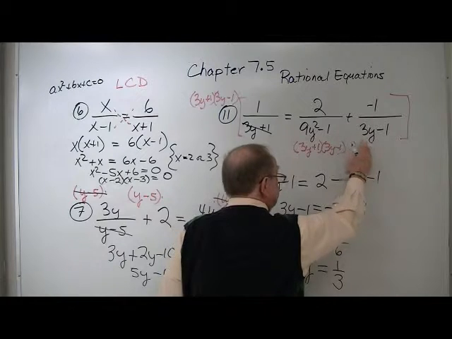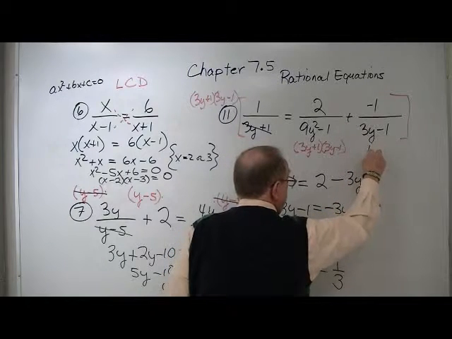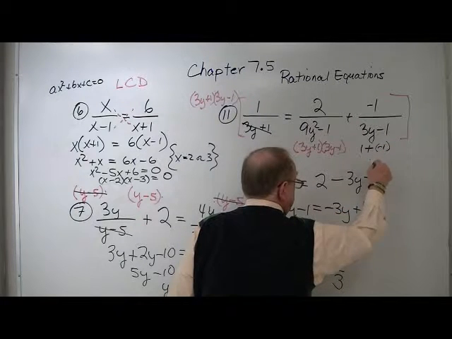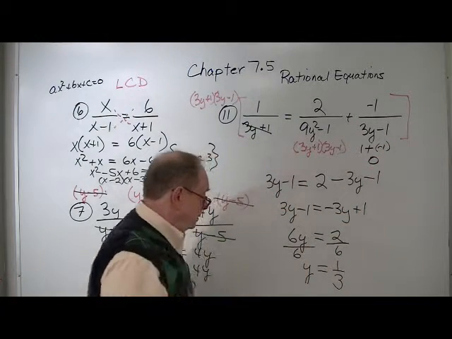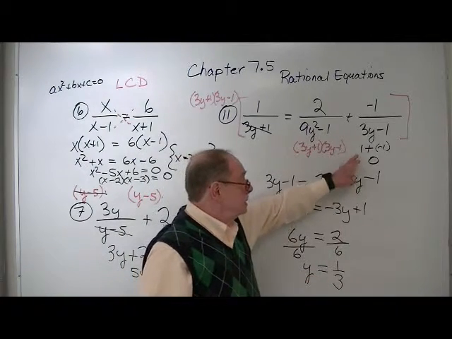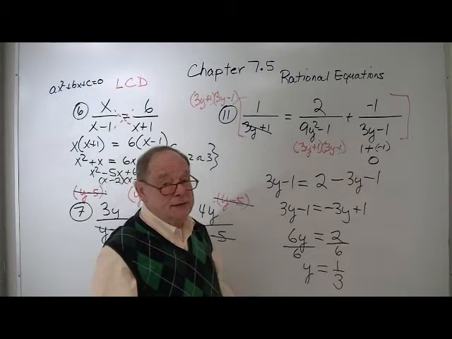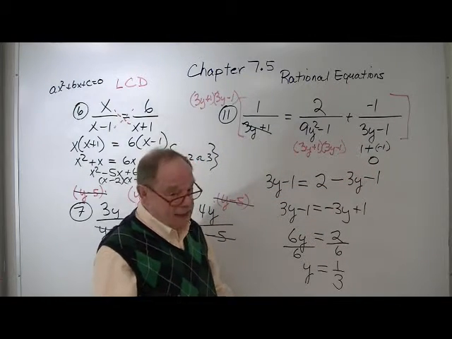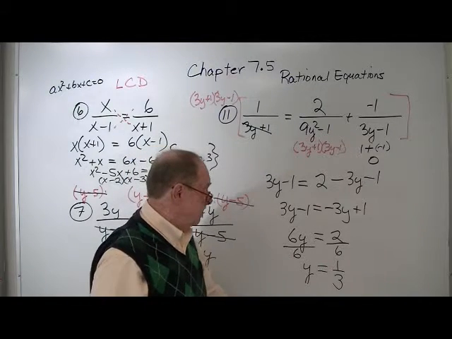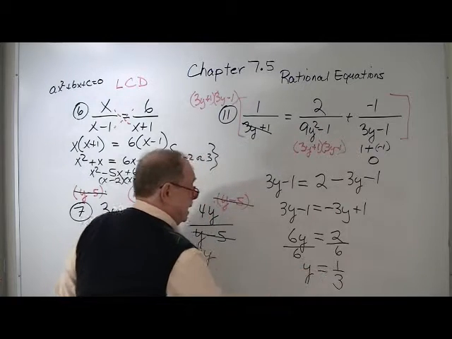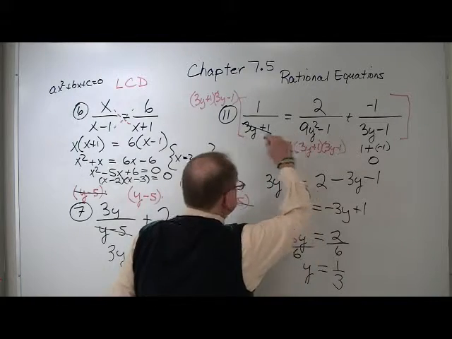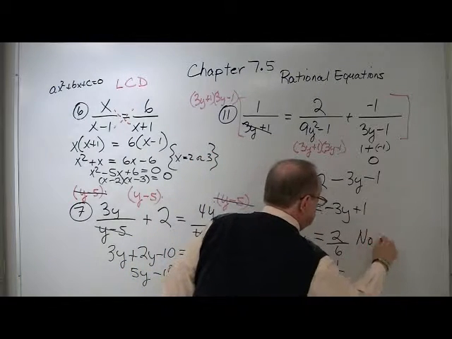This becomes a positive 1. 1 plus a negative 1 is 0. So here we are finding this answer makes this denominator a 0. And that's something we need to be careful of. I should have thought of that ahead of time, but we still have time. So for this answer for number 11, it is no solution.